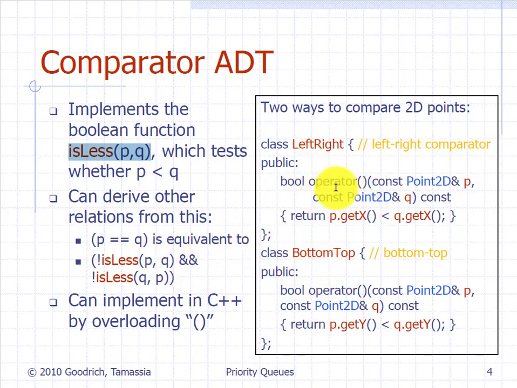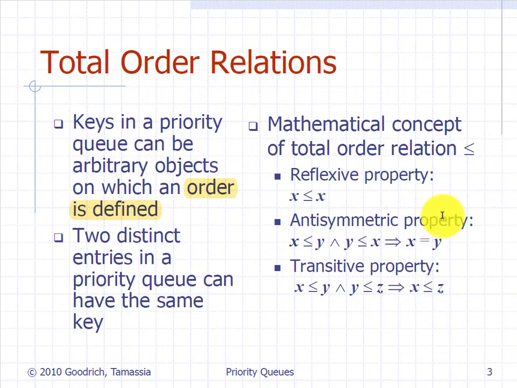So here we have the operator for the particular relation. We have two pointers, P and Q, and all we're doing there is we're getting a value from P, get X, and we're checking if it's less than Q's get X, which is a value from Q. And we're testing this as a representation for the relational symbol.